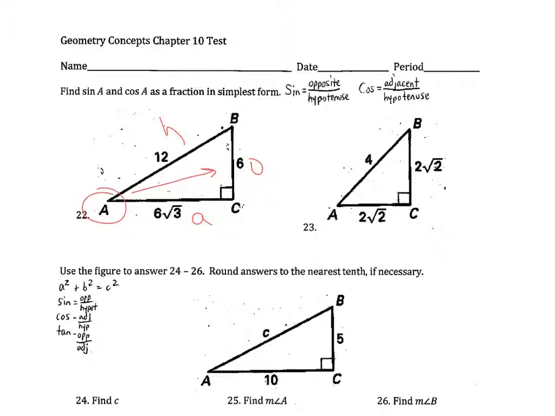Just to give you an idea, if I was going to find sine of A, it equals my opposite, which is 6, over my hypotenuse, which is 12, and reduce that. And if I was going to do cosine of A, it's the adjacent over hypotenuse, so it's going to be 6 radical 3 over 12, and you want to simplify that down. That's how you do both of those.